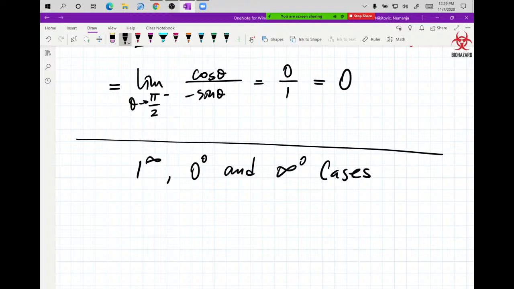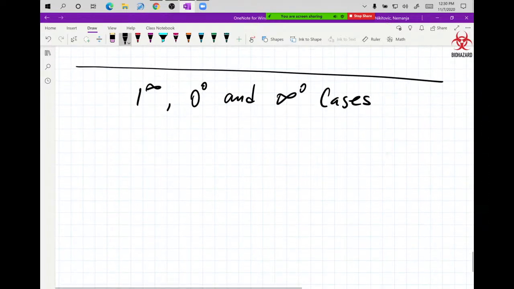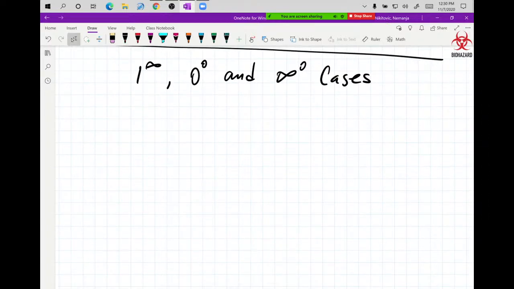So these are the ones that we have to explore. Now, we'll be using logarithms, using logs to go through this.